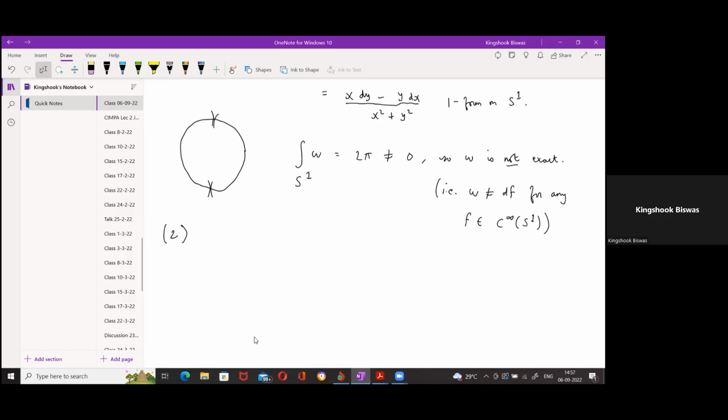Yeah, so the form, if M is equal to S2, basically you cook up the following form.